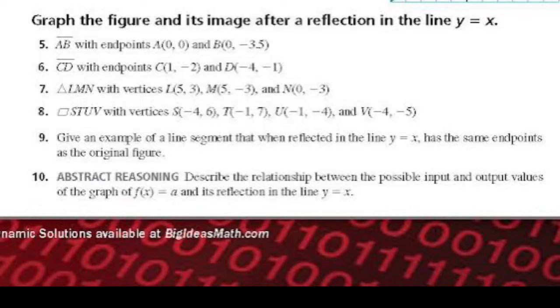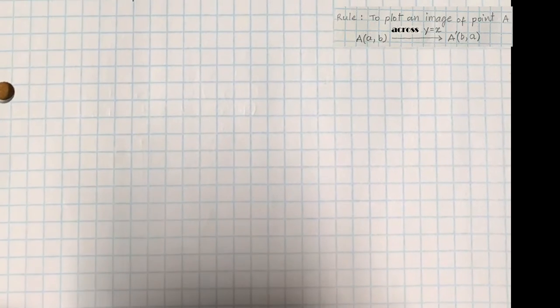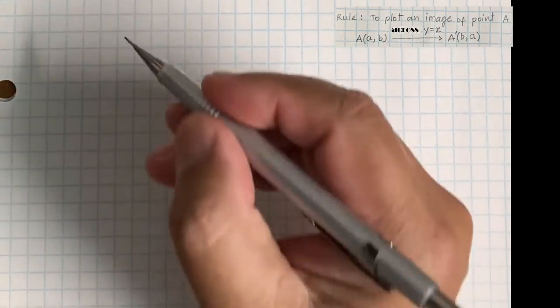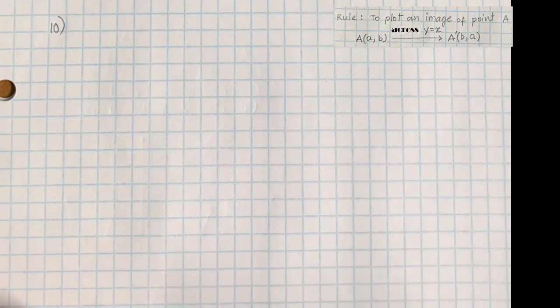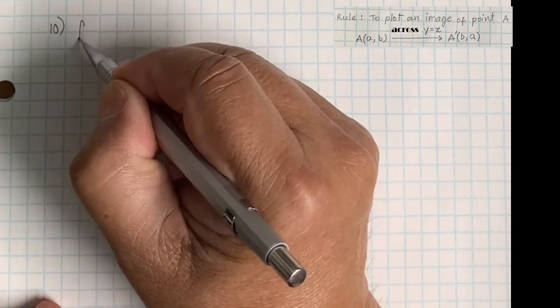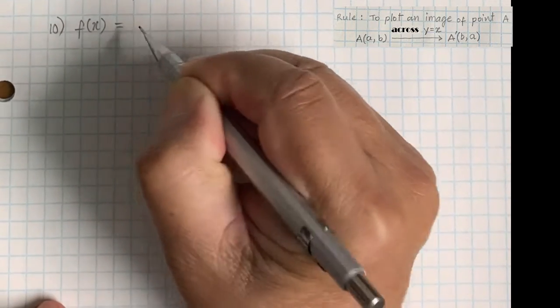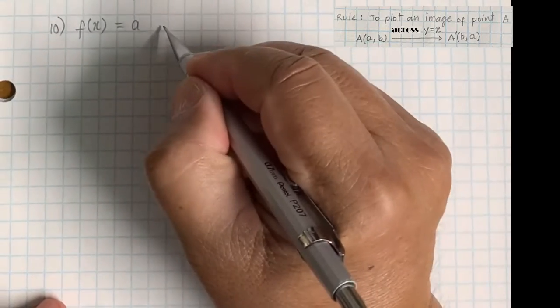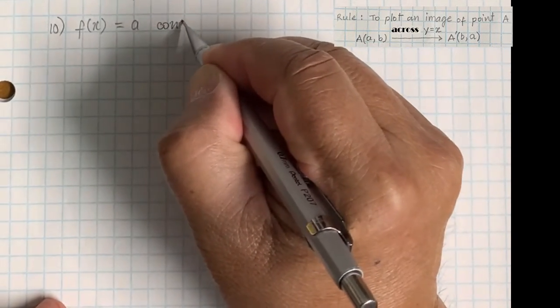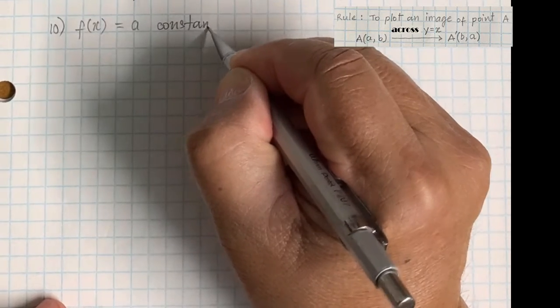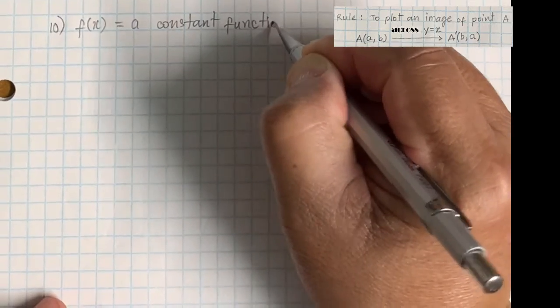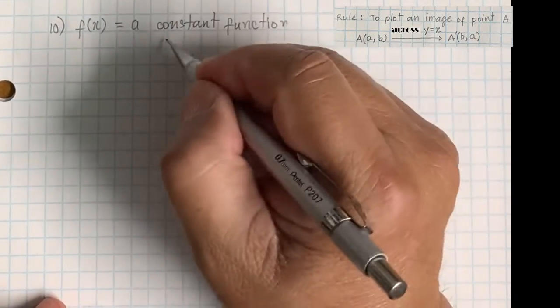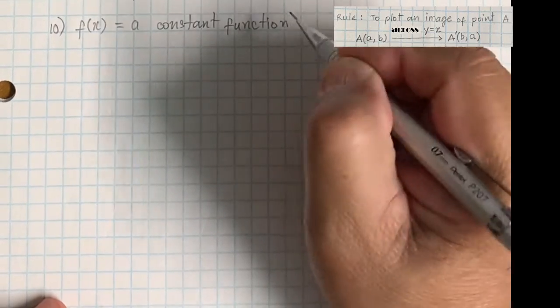Problem 10. So we are given the function f of x equal a. This is a constant function. Well, a constant function is a horizontal line.